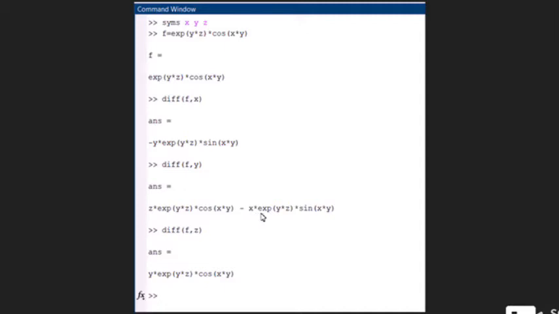For differentiation of fz, we get y exponential yz multiplied by cos xy. Okay, that's for question 2a.